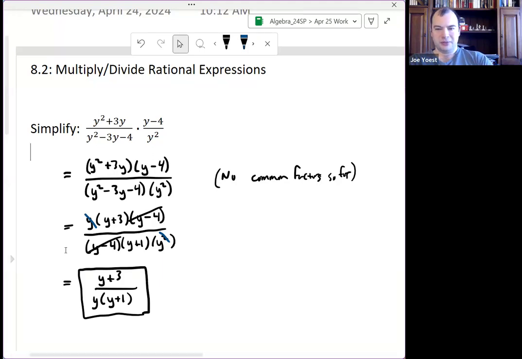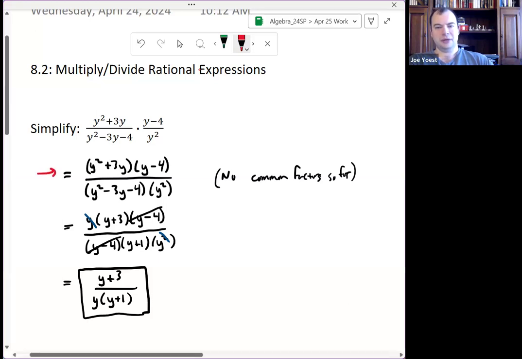Now, something that we want to be really careful about, a mistake that's easy to make if we're not careful, is at this step to do something like this. We might try to divide out a y squared. We might say, oh, I see a y squared on the top and bottom like this, or maybe even like this, and try to divide it out. Or maybe I would say, oh, maybe I can divide out this negative 4.